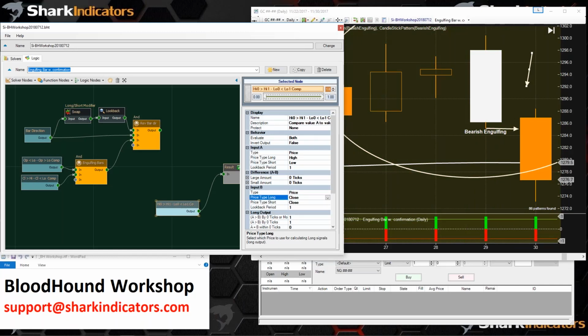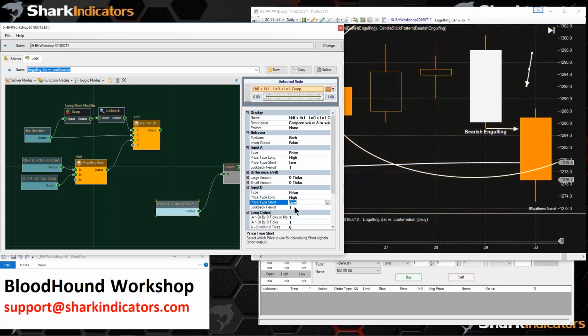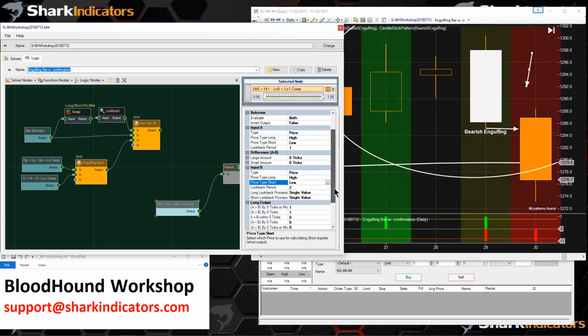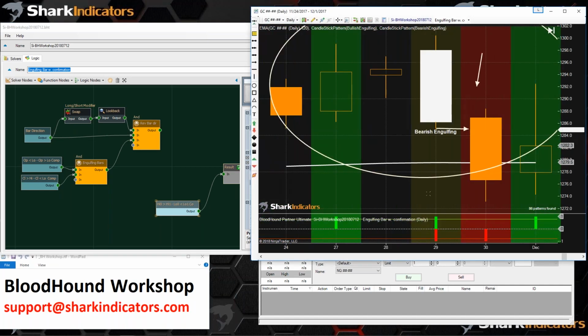And again, we're comparing the high to the high, and we're comparing the low to the low, but this needs to be one bar back. So let's set this to 2. There we go. And let's see, what do we have here? So we're looking for a short output on this bar, right? And we have a short output on this bar. Great.